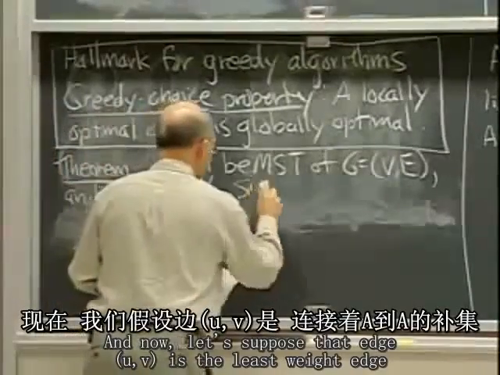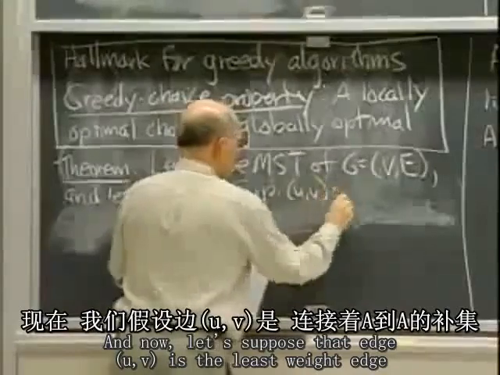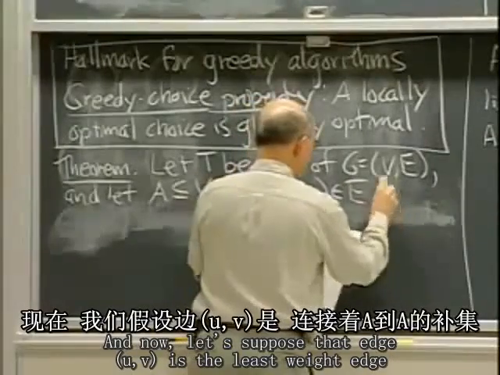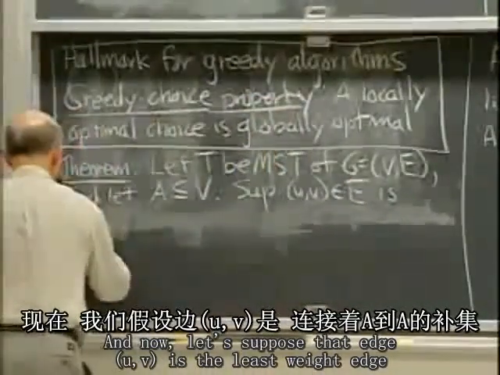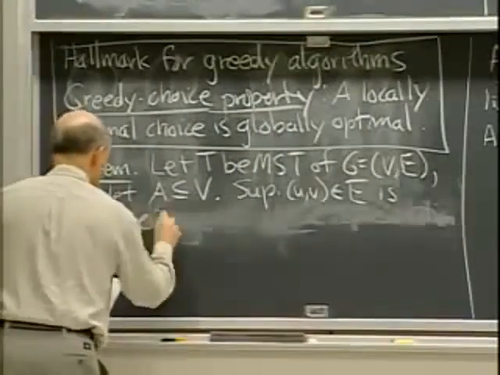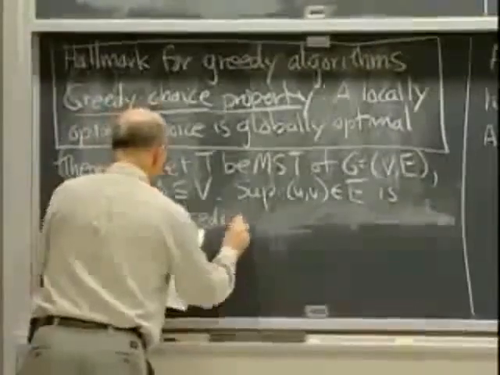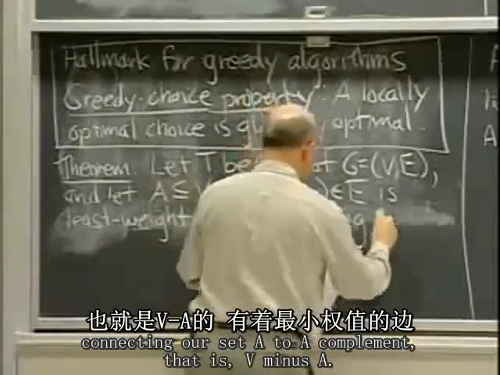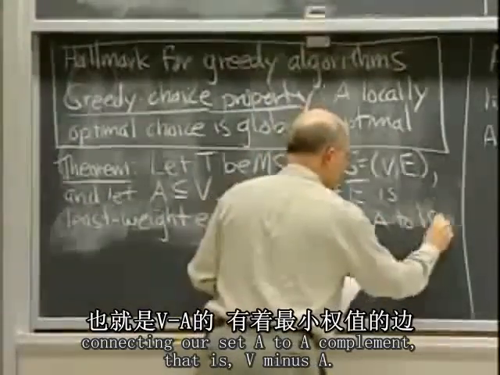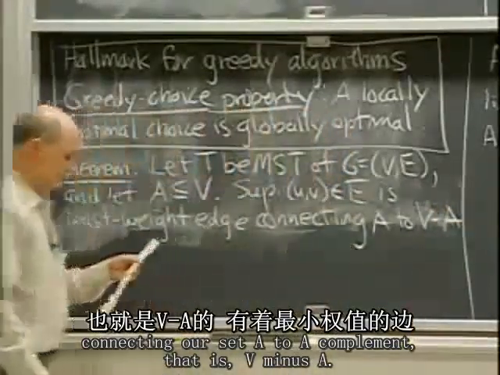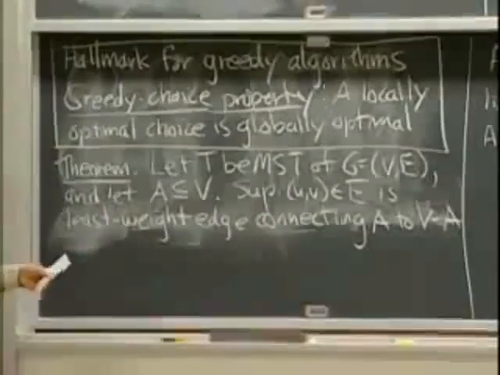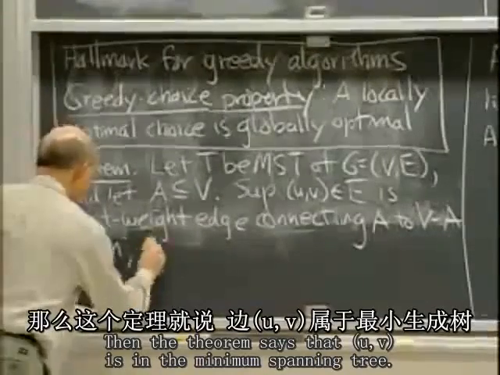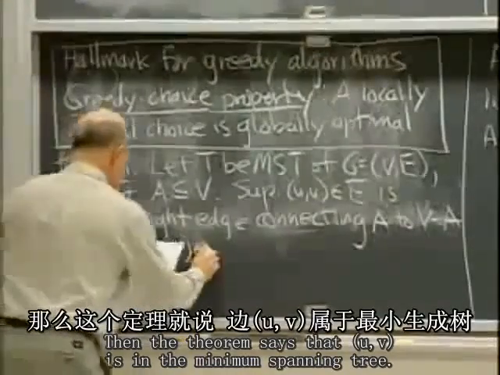And now let's suppose that edge UV is the least weight edge connecting our set A to its complement, that is V minus A. Then the theorem says that UV is in the minimum spanning tree.